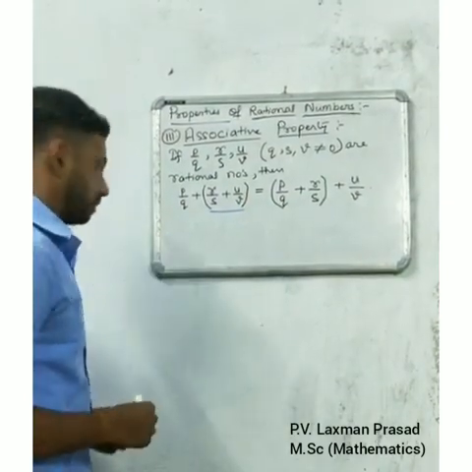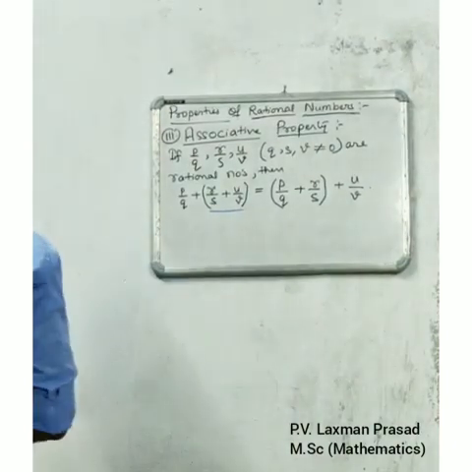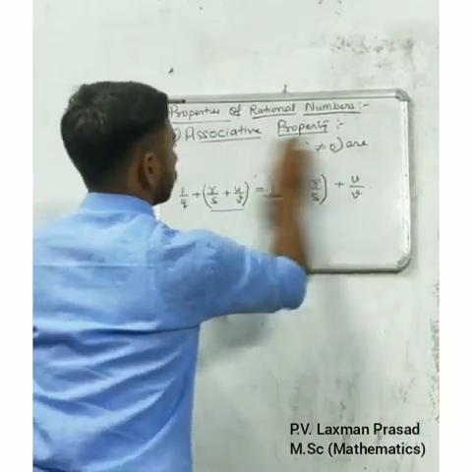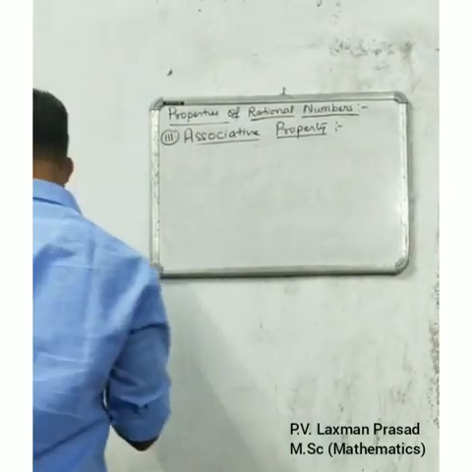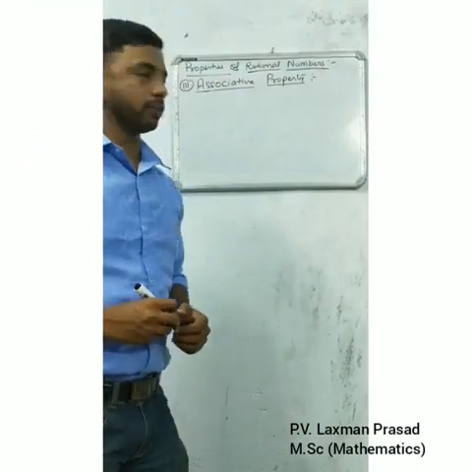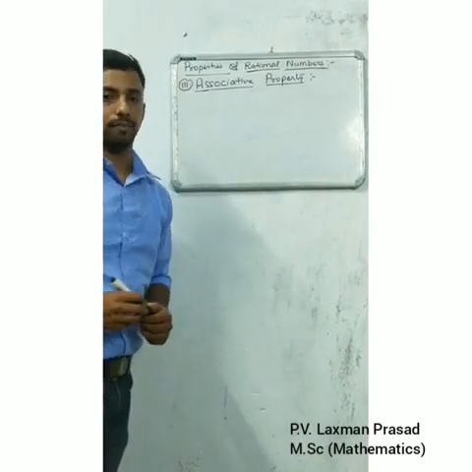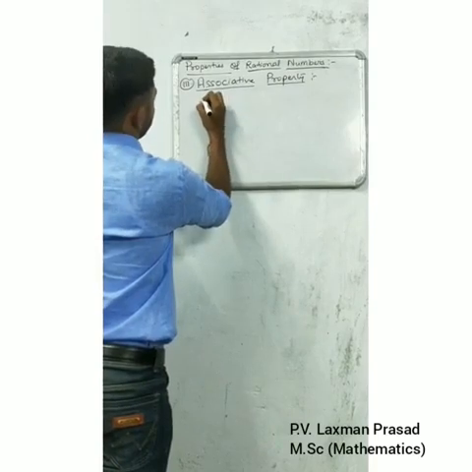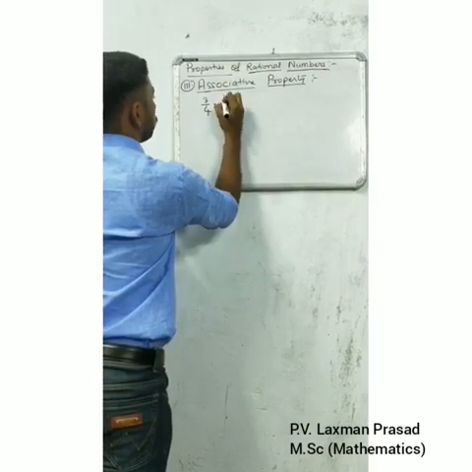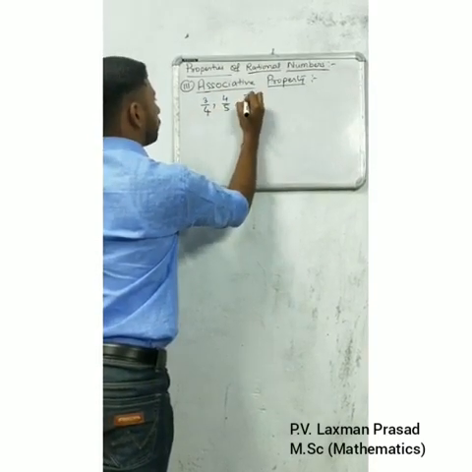So let's take an example. In order to verify the associative property, let's take three rational numbers, supposedly 3 by 4, 4 by 5 and 5 by 6.